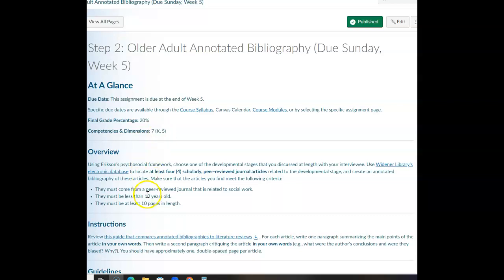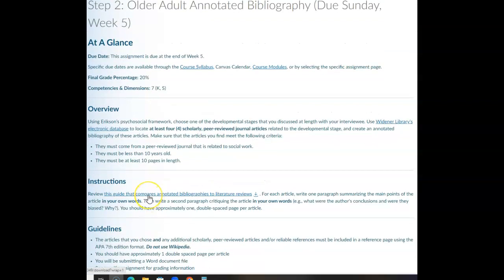Now, if you don't know what an annotated bibliography is, there is some information here about what annotated bibliographies are. Basically, annotated bibliographies have 2 components. One is a summary of the article, and the second part is a critique of the article, okay?